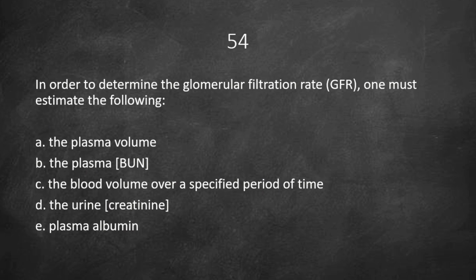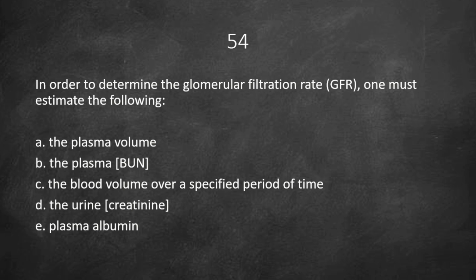54 says that in order to determine the glomerular filtration rate, one must estimate the following: A, the plasma volume; B, the plasma BUN, that's blood urea nitrogen; then C, the blood volume over a specific period of time; then D, the urine creatinine; and then E, plasma albumin.